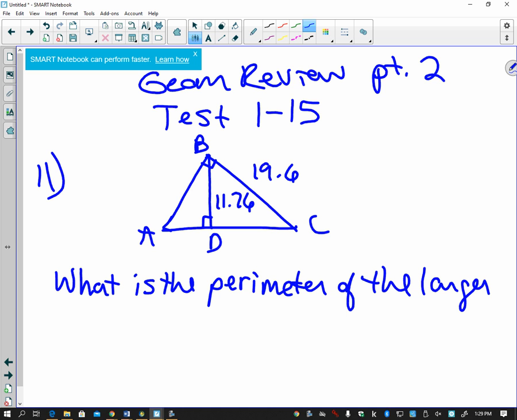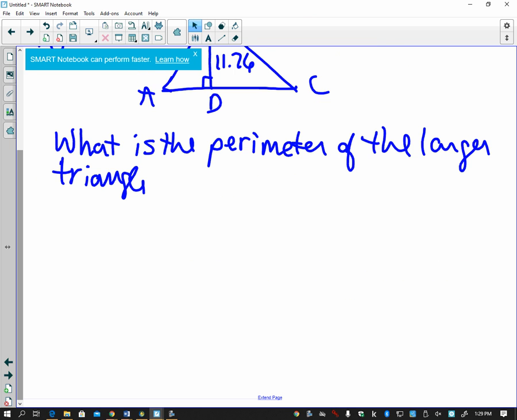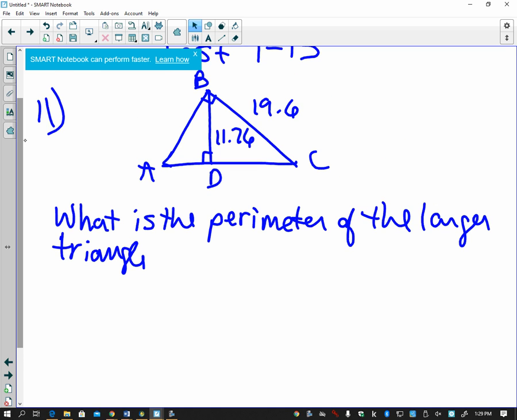This may be the hardest question on the test, in all honesty. All right, have we talked about geometric mean at all? No? Okay. Well, what we have in here is 3 similar right triangles.